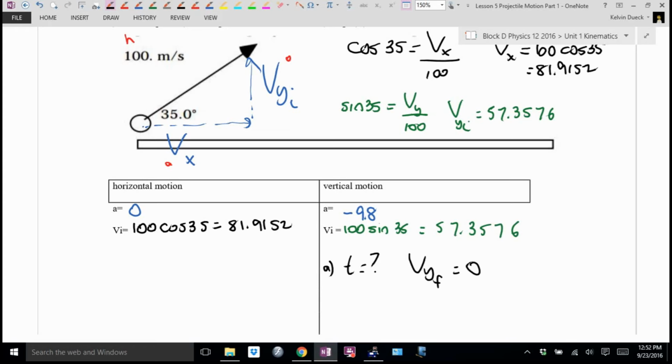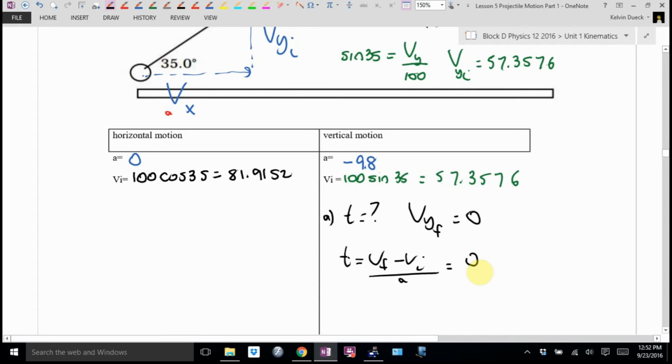I think it's the old standby, the one that we used the most last year, isn't it? Which you may want to have on your formula sheet. Could you get the T by itself for me, kiddo? Nice.